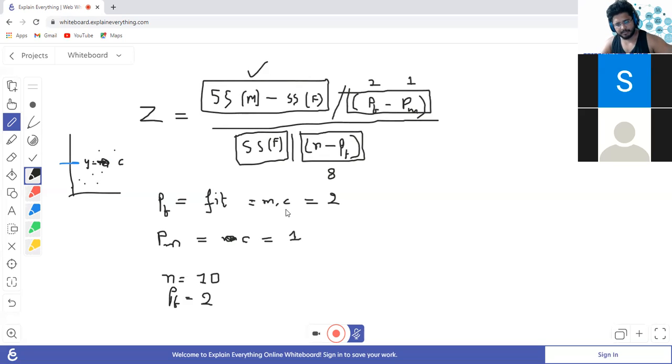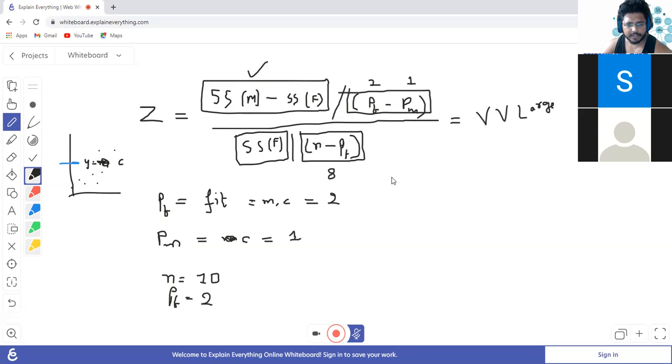So we expect Z to be a very, very large value. We can also say it is R square into 8. For multiple regression, these values will be different.